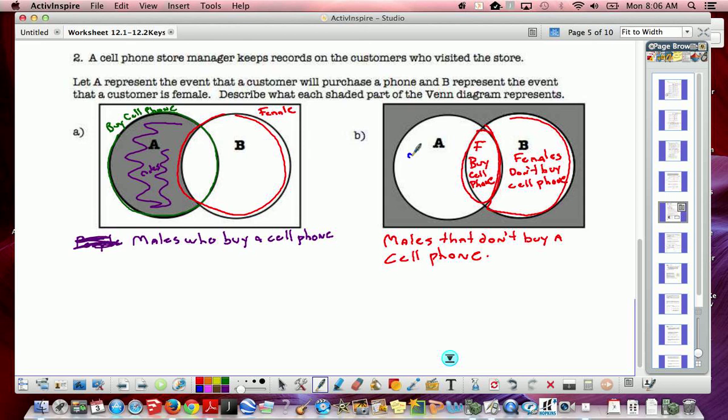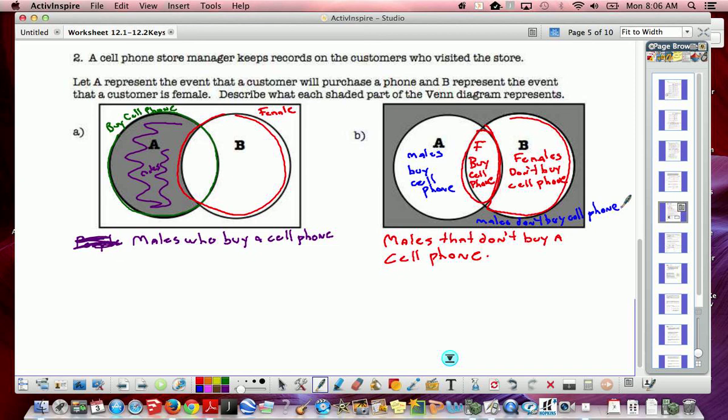This area here would be the males that buy the cell phone. And then this outside area here would be the males that don't buy a cell phone. Okay.